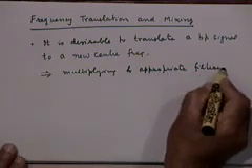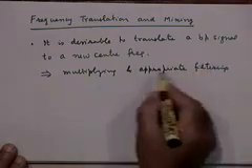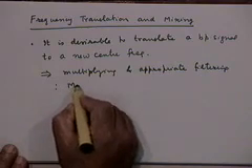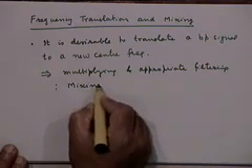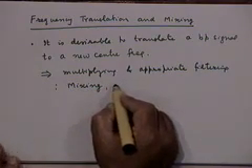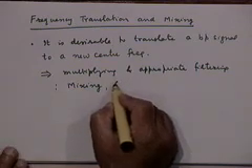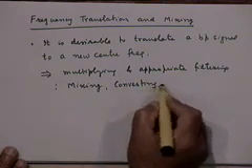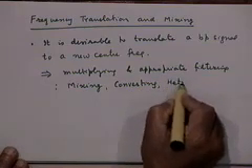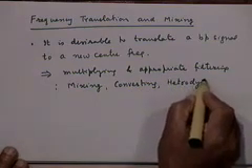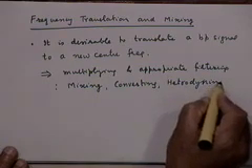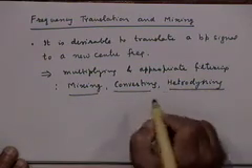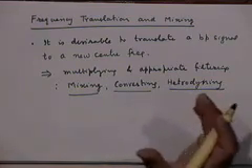Right? And this process of multiplying and appropriate filtering is what we call mixing, and if you remember, I had introduced some other names also for this: converting, and heterodyning. Mixing, converting, heterodyning. These are names which are used interchangeably.